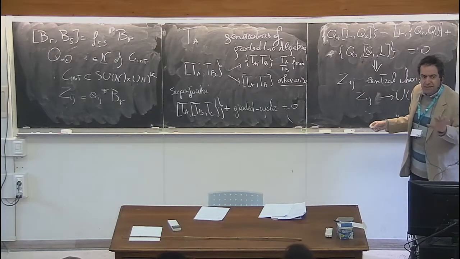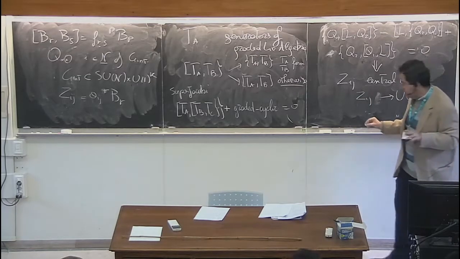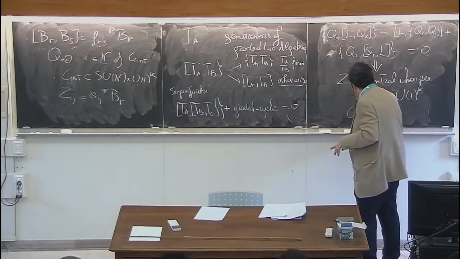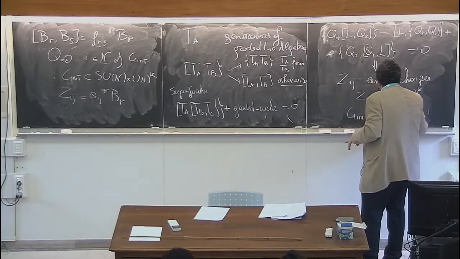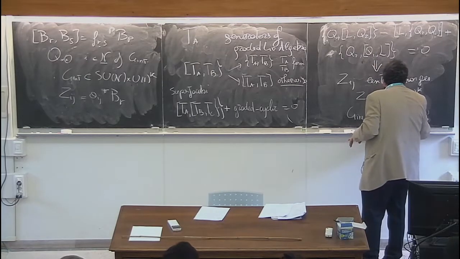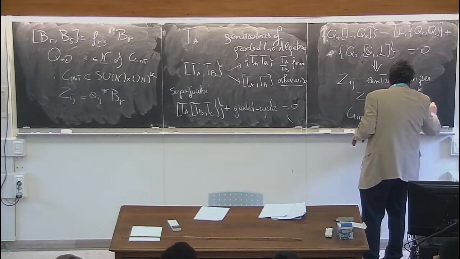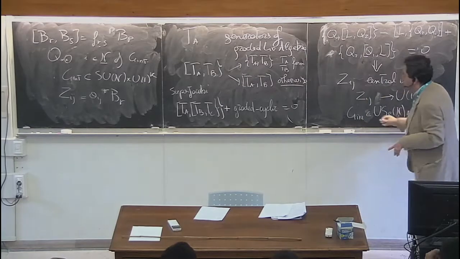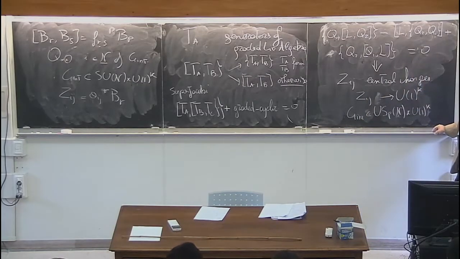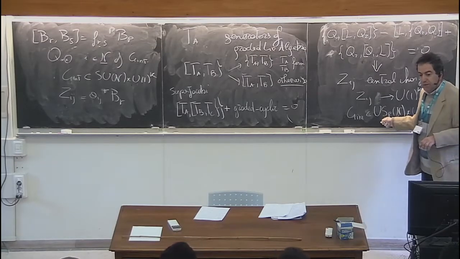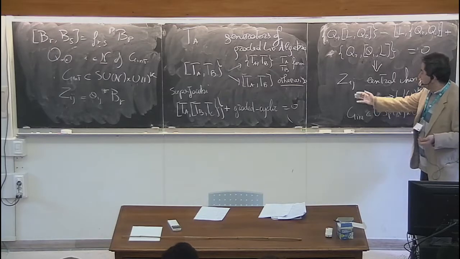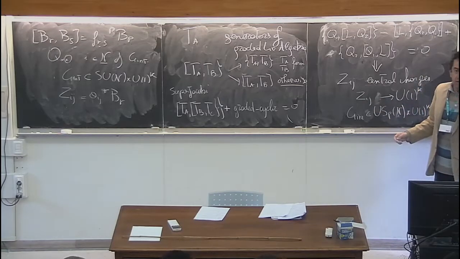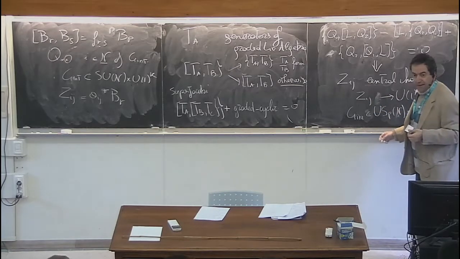This is a constraint on the internal group, and that tells us that the internal group should be actually contained in the group USp(n) times U1 to the k. This is the freedom we have, USp(n). This comes from the fact that we require the internal symmetry group to leave Zij, which is an antisymmetric complex matrix, invariant.